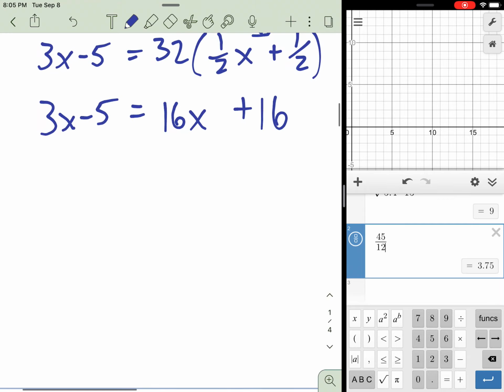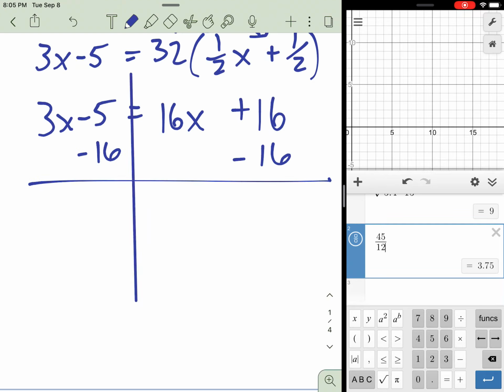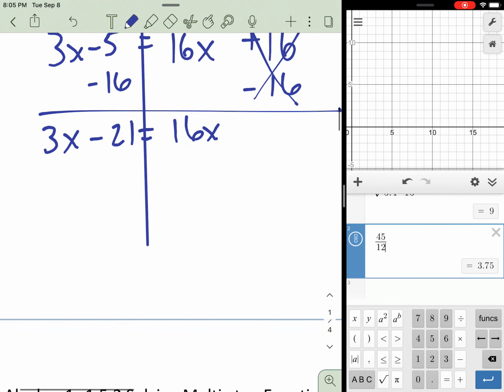Okay, so now again, we got to start combining these like terms. So it doesn't matter which way you go, but as long as all the x's are on one side, constants are on the other. So I'm going to subtract 16 from both sides. That gives me negative 21, and 3x equals 16x, and this cancels. Okay, now I'm going to get the x's to the right-hand side.